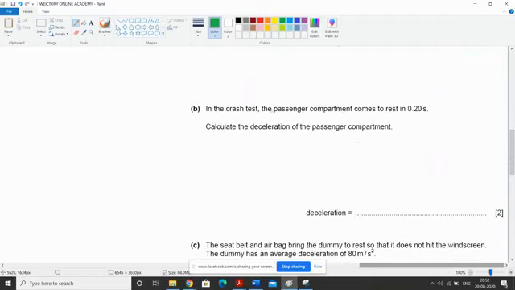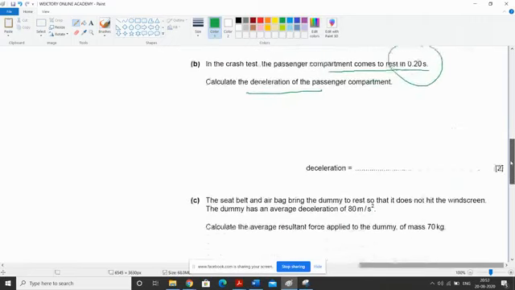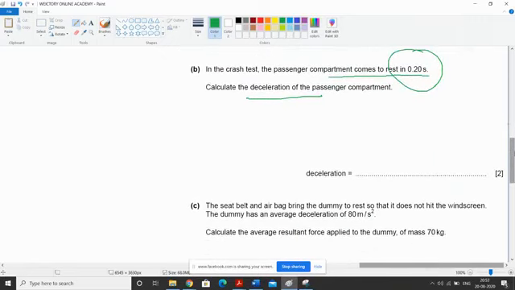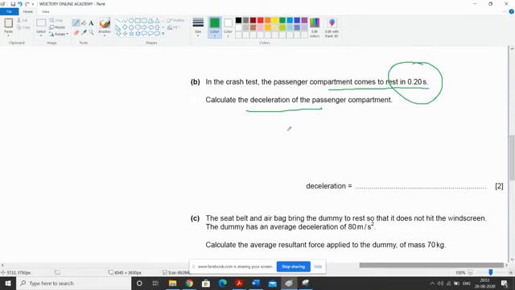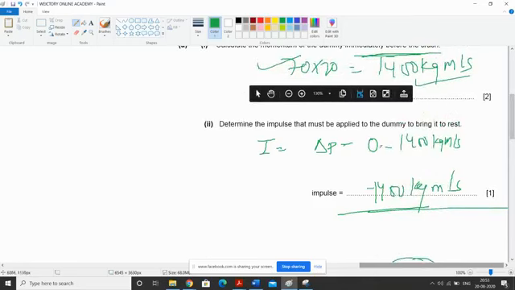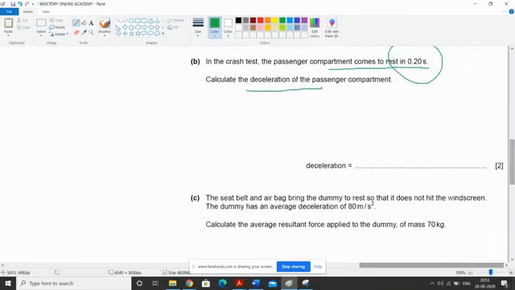In the crash test, the passenger compartment comes to rest. So the time is given to you. Find the deceleration of the passenger compartment. So here we are looking for the deceleration, right? How can we find it? Final velocity is 0, initial velocity is given, so we can find it easily.